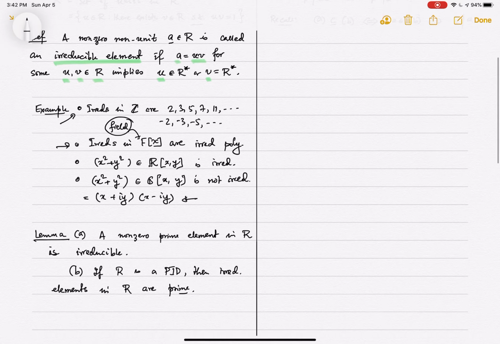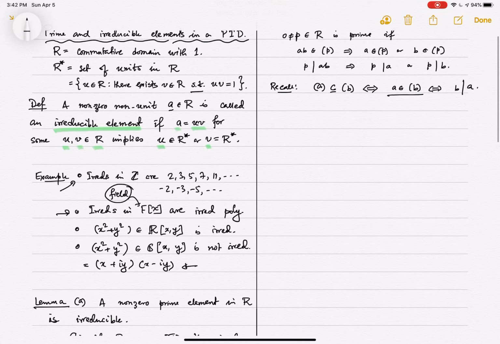Because saying this is the same as saying that A is a multiple of B, so B divides A. Yeah, so these three equivalences you have to absolutely digest and use them interchangeably back and forth all the time. Okay, so let's go for this.